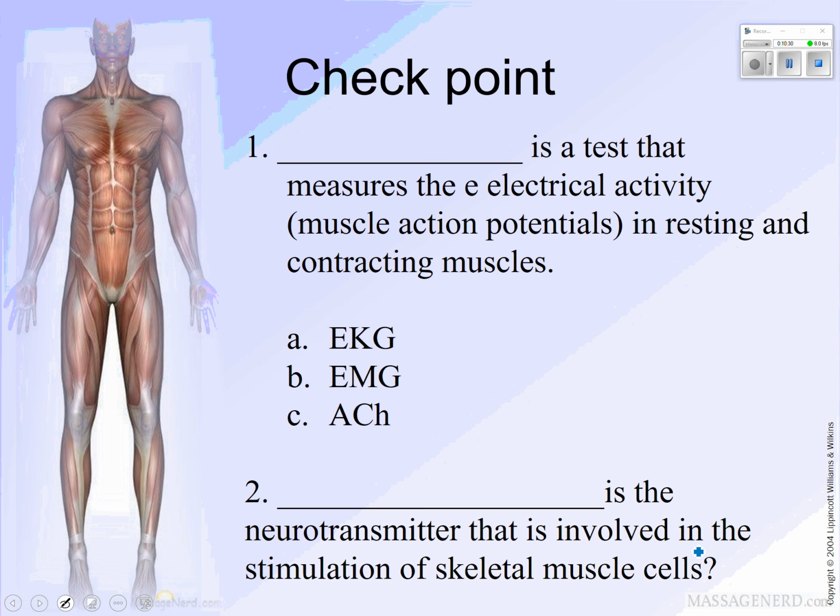So the answer to this one is EMG, electromyography. Number two, the neurotransmitter that we talked about again is acetylcholine. That's the neurotransmitter that's involved in the stimulation of those skeletal muscle cells. So this is the end of part 3.